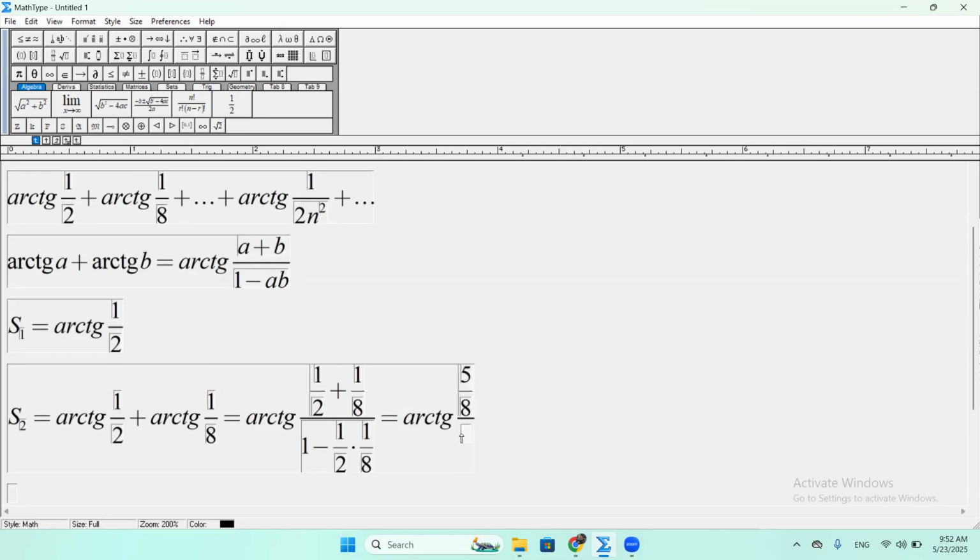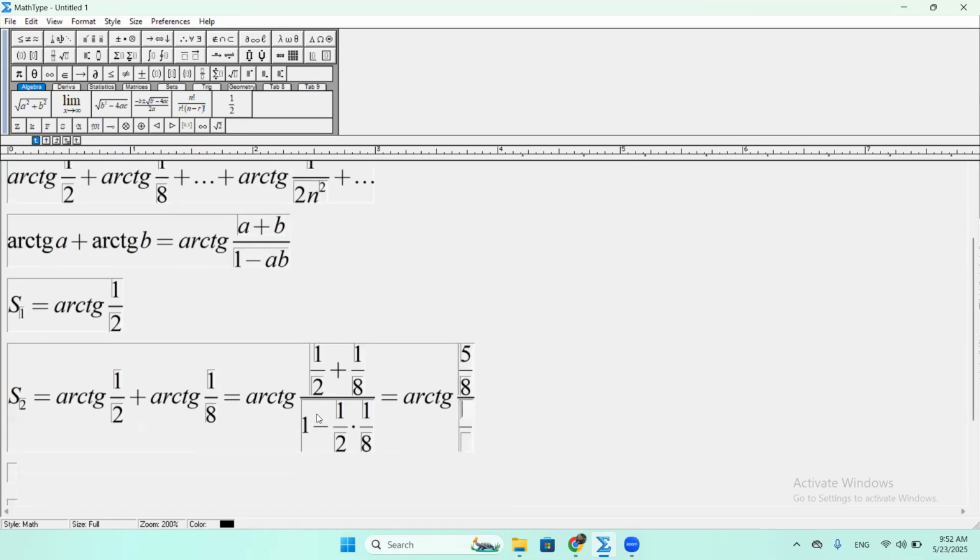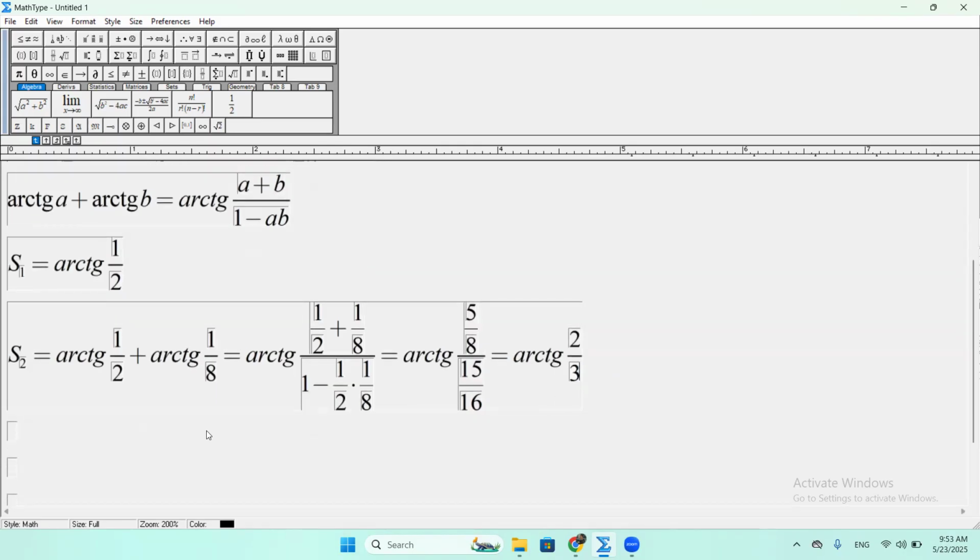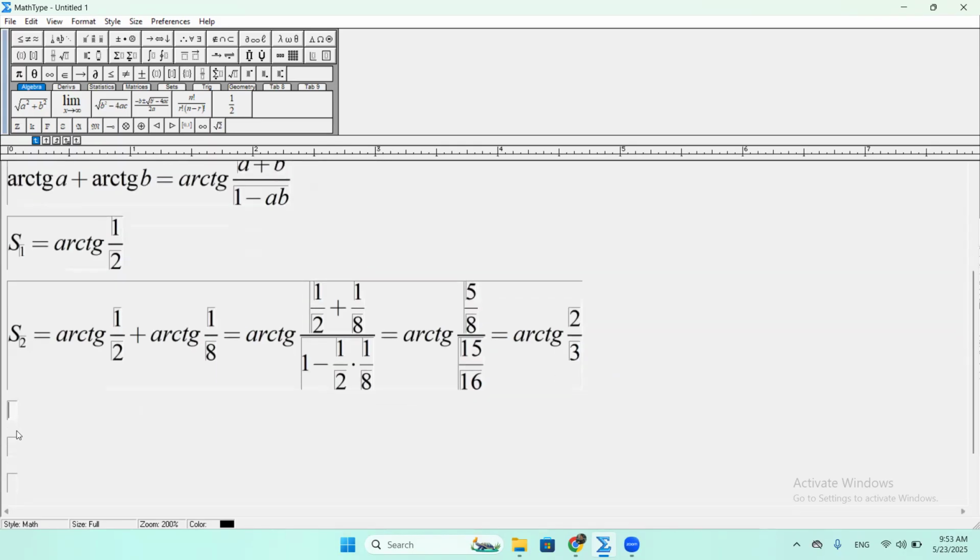And here, 1 minus 1 over 16 will be 15 over 16. So then arctangent of, here will be 1, 1, 1 and 3, 1, 2. So it will be arctangent of 2 over 3. So found it.